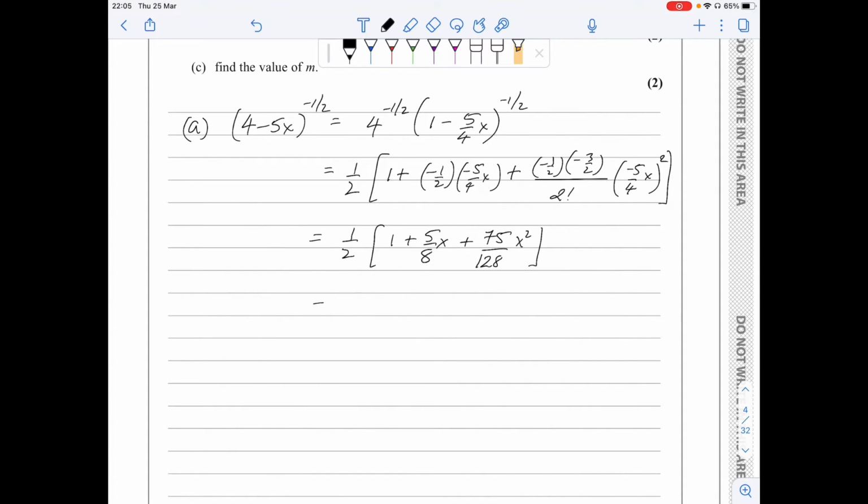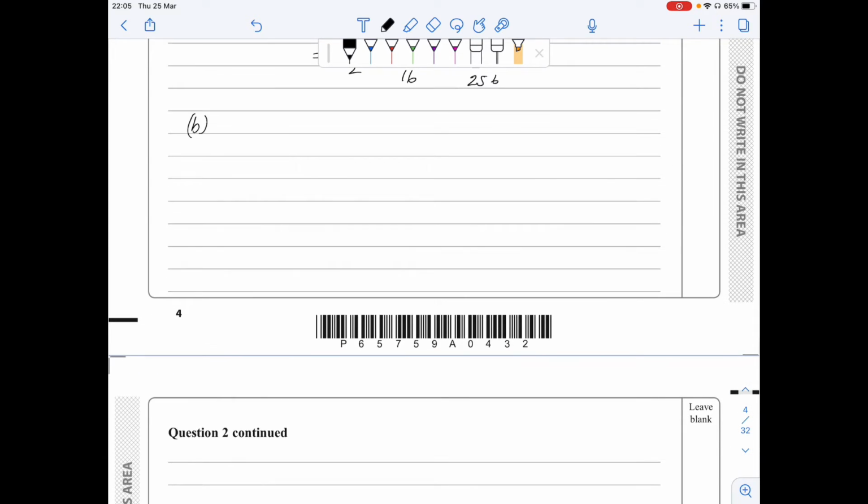And if I expand the brackets, I will get 1 over 2 plus 5 over 16x plus 75 over 256x squared. In part B, I have (2 plus kx) over the square root of (4 minus 5x).